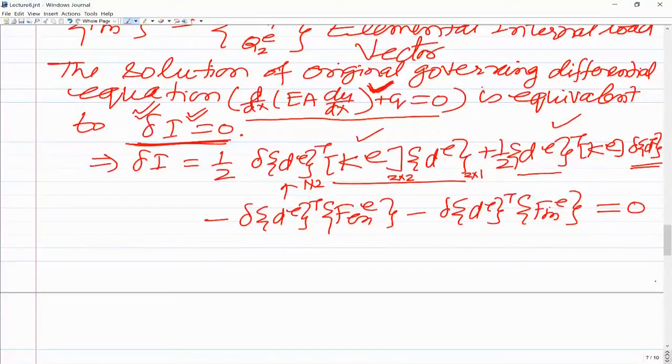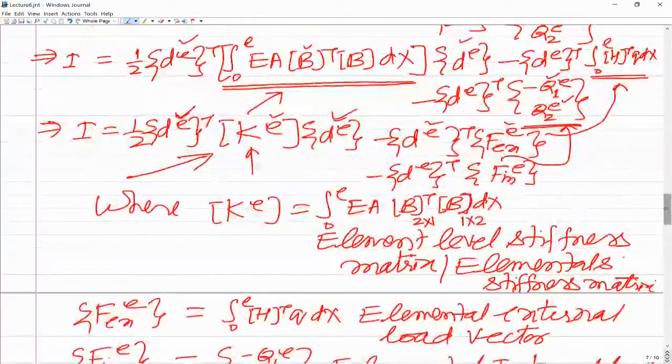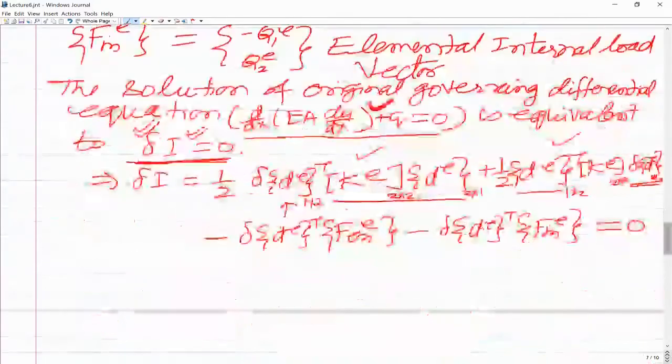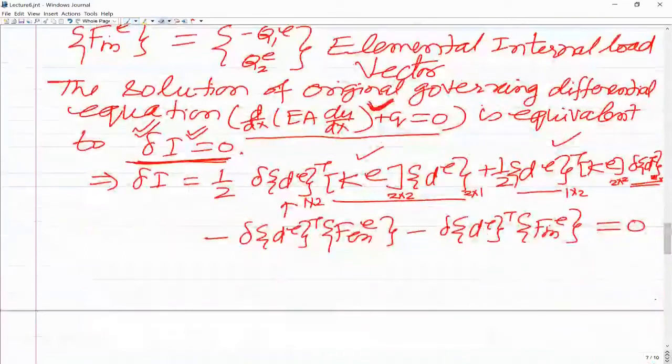If you multiply all three together, delta d transpose into k into d, it's going to be a single number, so it's a scalar. Similarly, d transpose is 1 by 2, k is 2 by 2, and delta d is 2 by 1.